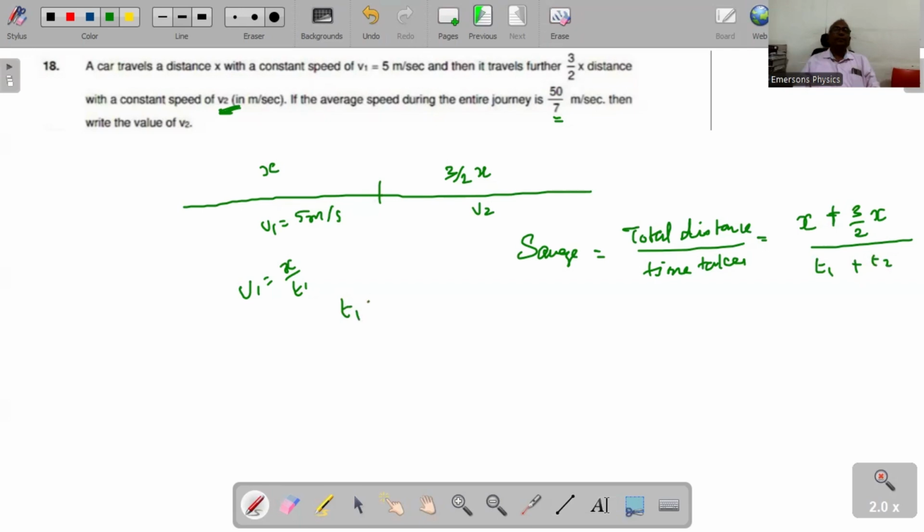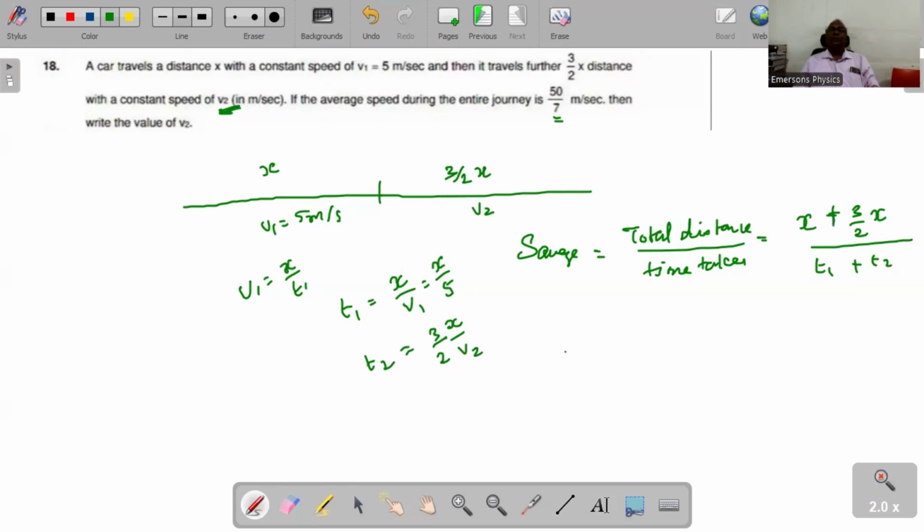T1 is x by V1, which is x by 5. T2 is nothing but distance traveled, 3 by 2x, by V2. This is the second case.